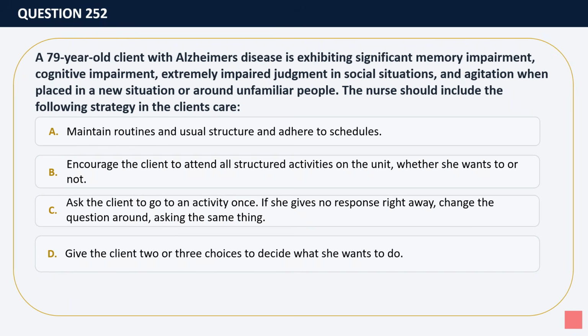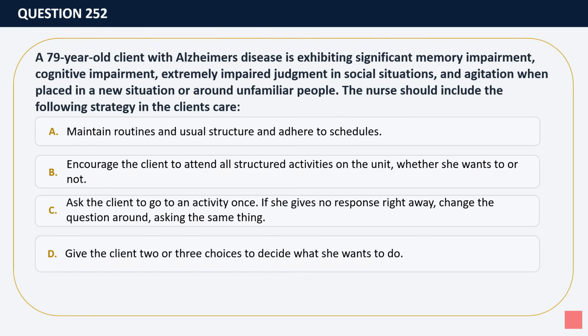Question 252. A 79-year-old client with Alzheimer's disease is exhibiting significant memory impairment, cognitive impairment, extremely impaired judgment in social situations, and agitation when placed in a new situation or around unfamiliar people. The nurse should include the following strategy in the client's care.